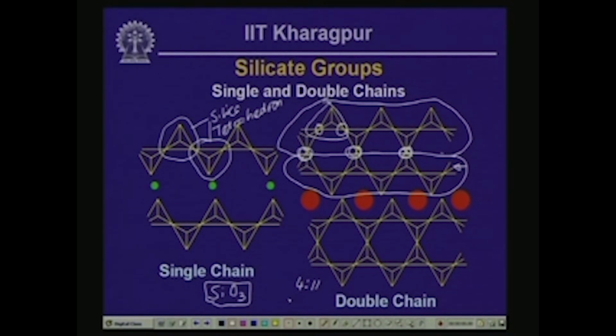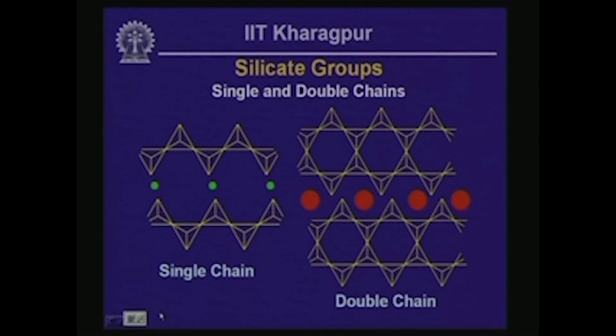So you are going to get radicals that are Si4O11. This type of radical will keep on appearing in the chemical composition of double chain silicate minerals. We are going to look at individual examples of these types of minerals in due course of this particular lesson.